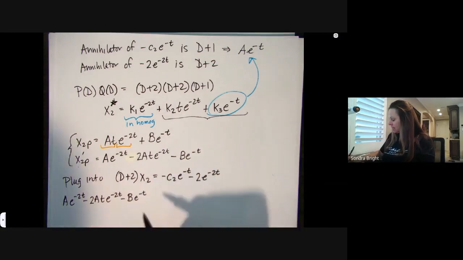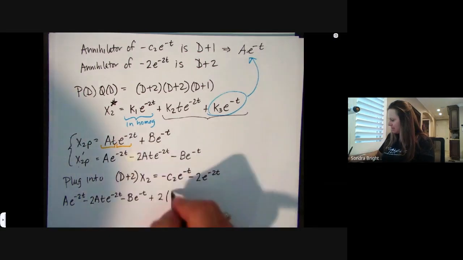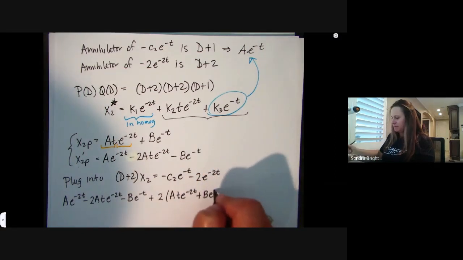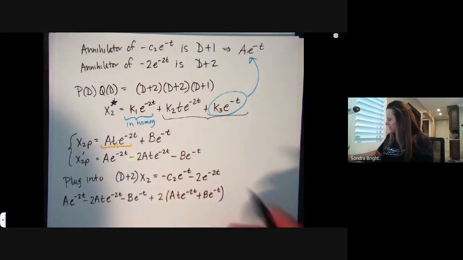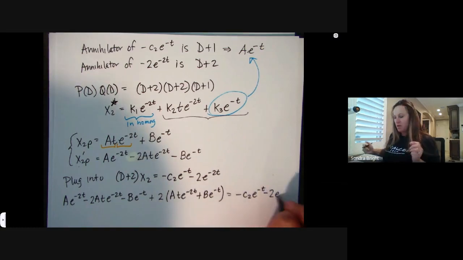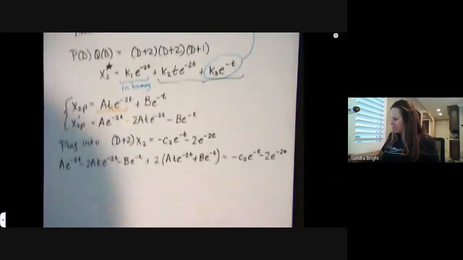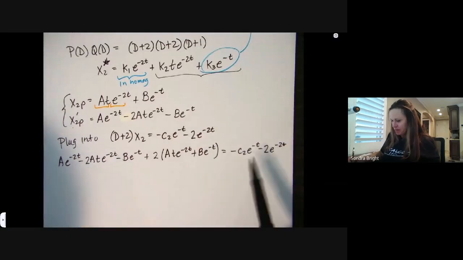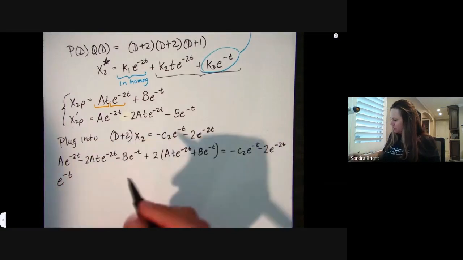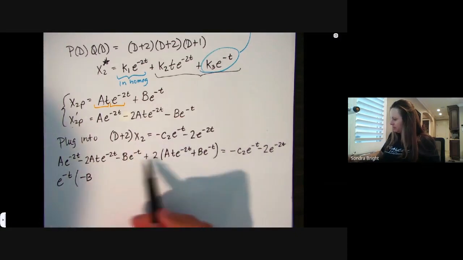So plus 2 times, and x2 was this first line, At e to the negative 2t plus B times e to the negative t, and then that's equal to negative c2 e to the negative t minus 2 times e to the negative 2t. All right, we're going to equate coefficients. So I've got an e to the negative t and I've got an e to the negative 2t. So how about if I factor out an e to the negative t first, and I've got here a negative B, and I've got a plus 2B.